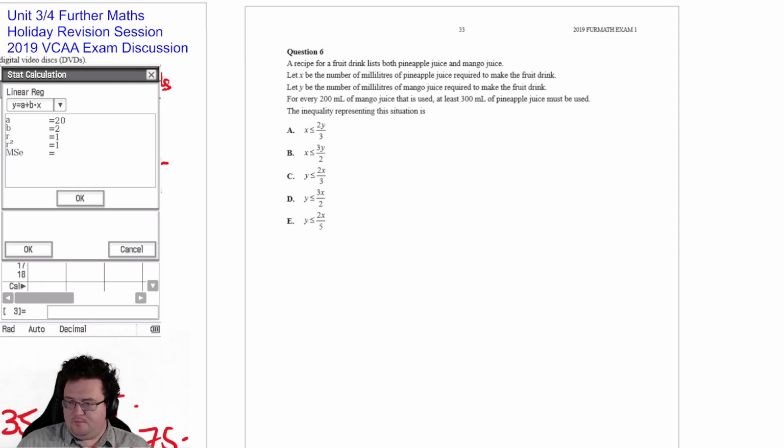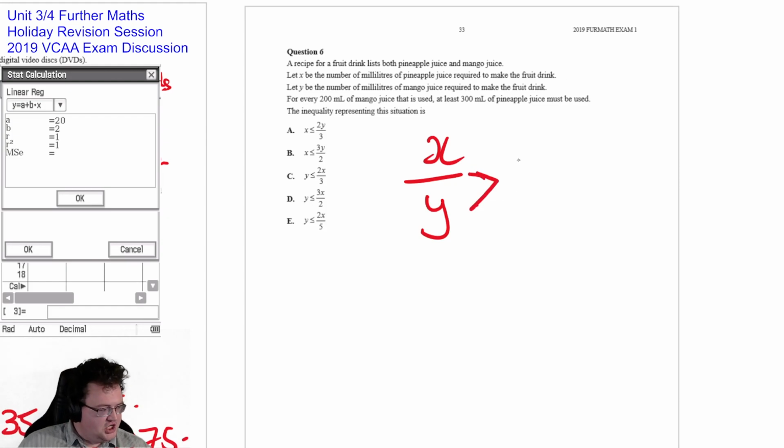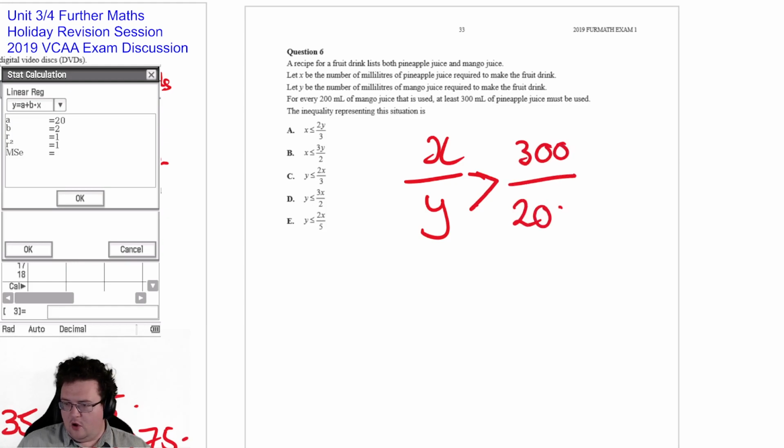So what we can do is define it like this: X over Y at least needs to be in a ratio of 300 over 200. If I simplify that ratio down, what do I get?